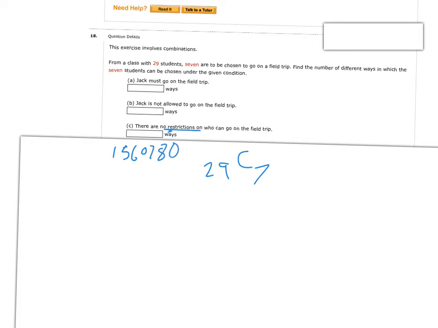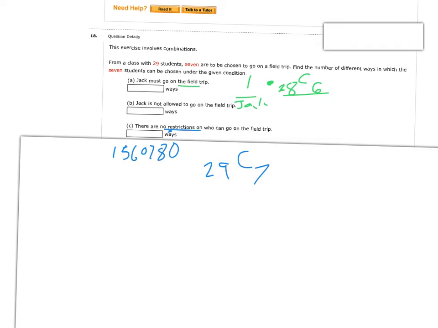All right, so then the next one, I would say we could do this one next. Jack must go on the field trip. Well, if you kind of think about it, there's only one way that Jack can go on the field trip. And then what that would mean is that there's 28 students. I'm assuming Jack is one of the students, so I'm taking him out of this. And we're only choosing 6 there since Jack is already getting chosen. So like I said, that one up front, obviously not really relevant here, but just to show, this is saying that there's only one way that Jack can go.